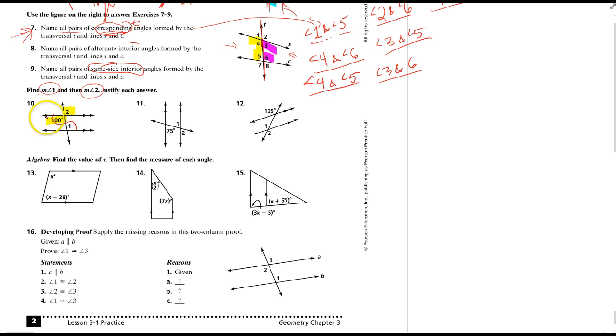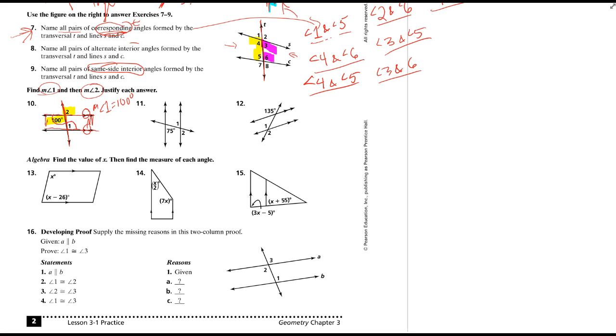So they're on the inside of the parallel lines. Notice that these are parallel because we have the extra arrows. So if they're parallel lines, then being on the inside of the parallel lines and on alternate sides of the transversal make these congruent, so the measure of angle 1 will be 100 degrees.